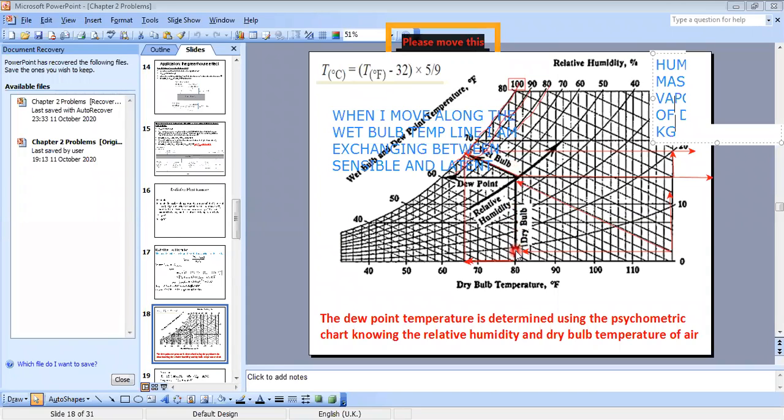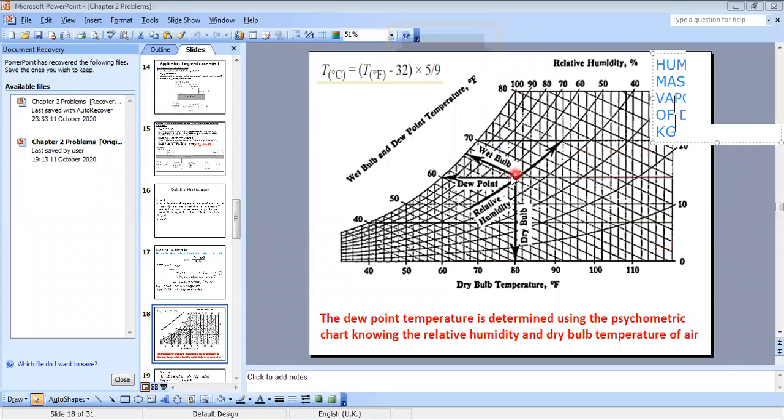Now, what is the dew point? If you look at this line, when I go along a horizontal line, my humidity ratio is not varying. So I am not gaining latent heat. Latent heat is constant because the amount of vapor is the same. But when I go towards the left, am I losing or gaining energy?